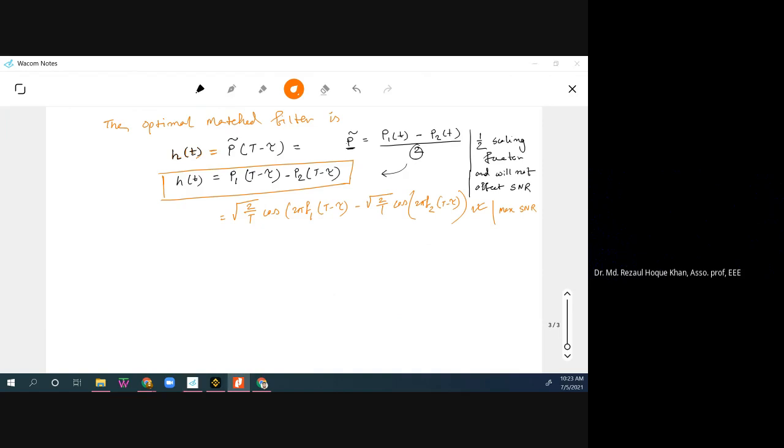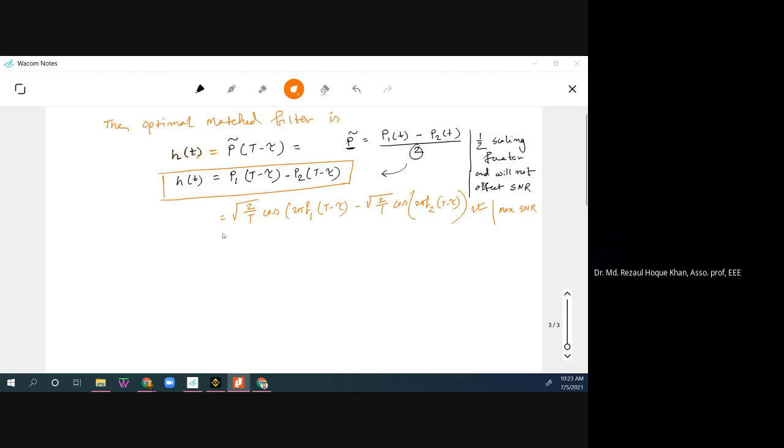Now, because we already found the maximum SNR, we need to find the decision rule and also the bit error rate. For maximum SNR, we know this is the condition.